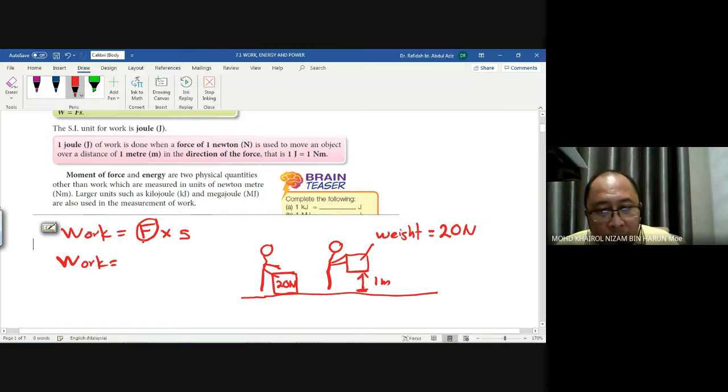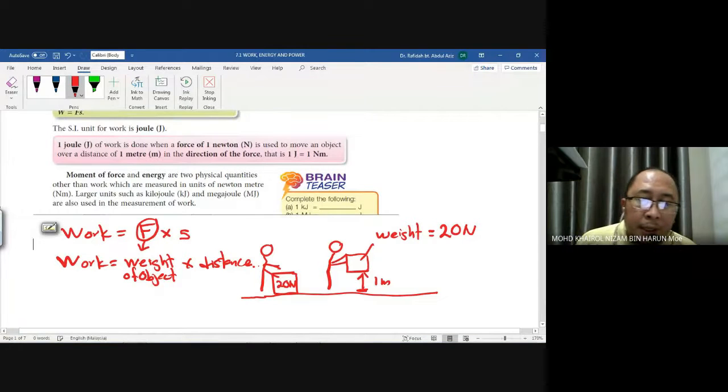Force we get from the weight of this object, times the displacement, the distance to lift up the object.